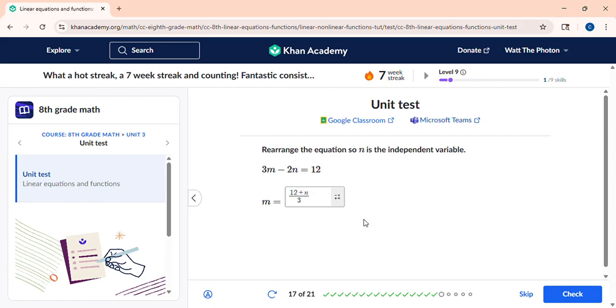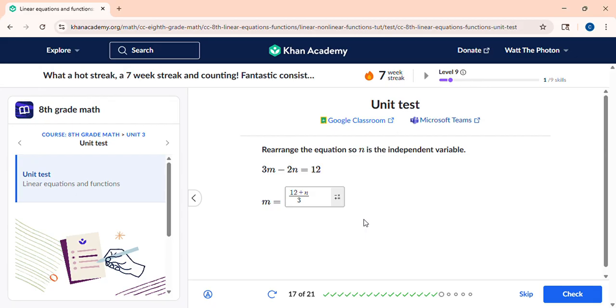So if we double check this, we have 3 plus x divided by 3. Let's put a table. If y is equal to 4, x is equal to 0. So 4 times 3 is 12. 12 minus 0 is 12. 12 equals 12.